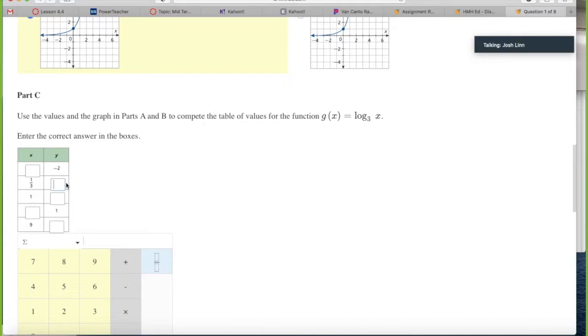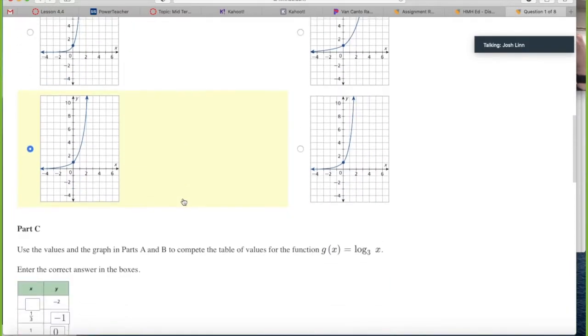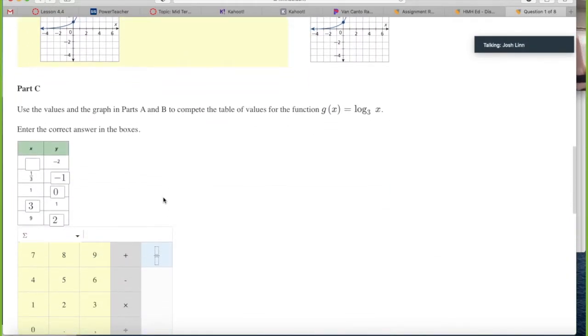Oh, it's 1/3. So then that's going to be -1. This is going to be 0. This is going to be 2. And this one's going to be 3. Again, I'm getting all of my values from up here. I know that it's the inverse.